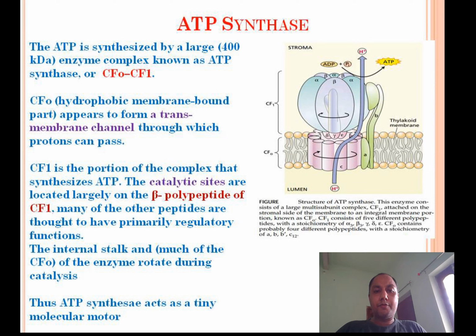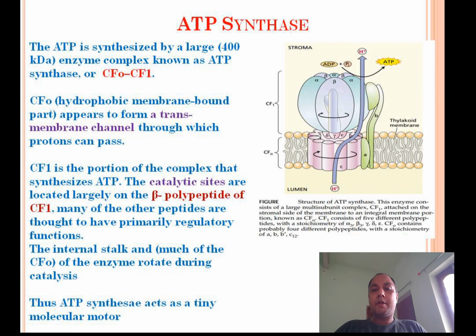And CF1 is the stromal side part of ATP synthase, which is made of alternating alpha and beta polypeptides, and it is the beta polypeptide which has the catalytic active site.